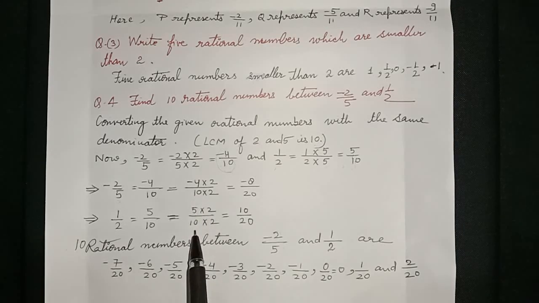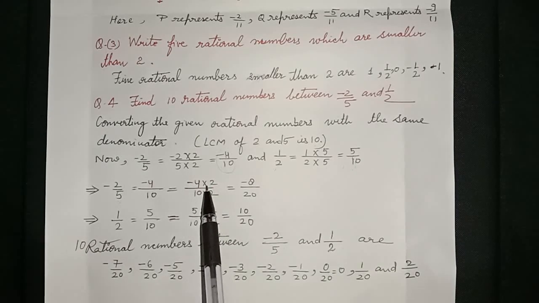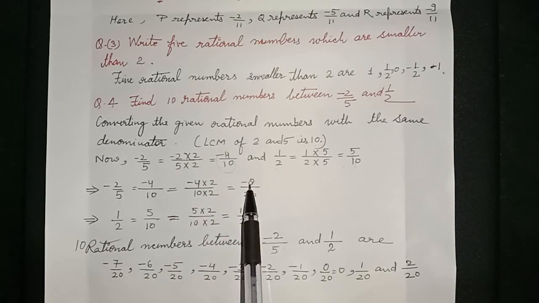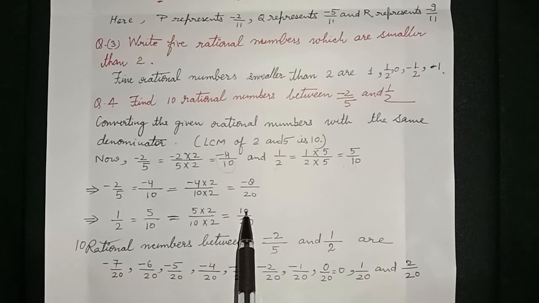To make denominator 20, we will multiply 10 by 2 and this 10 also by 2. And numerator also you will multiply with 2. Then -4 into 2 and 10 into 2. What is coming? -8 upon 20. And in this step, 5 into 2, 10 into 2 is equals to 10 upon 20.